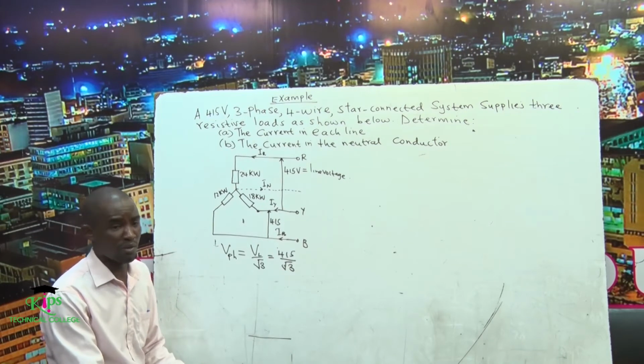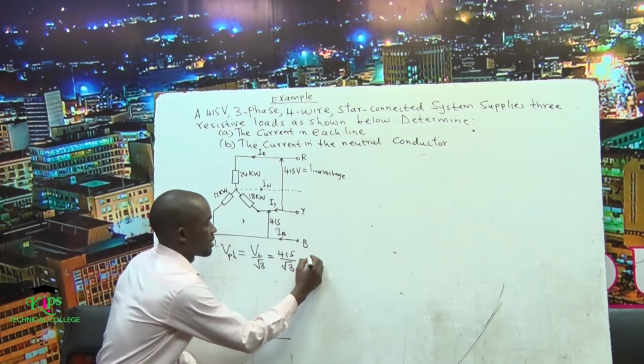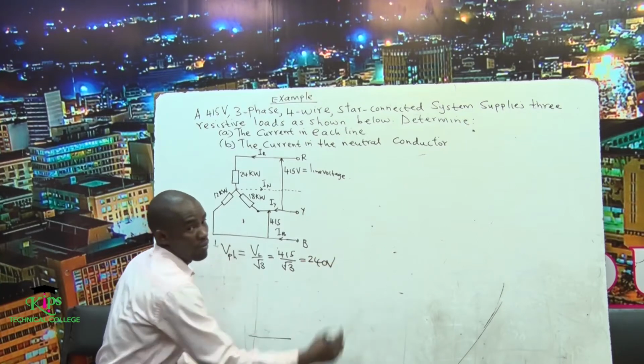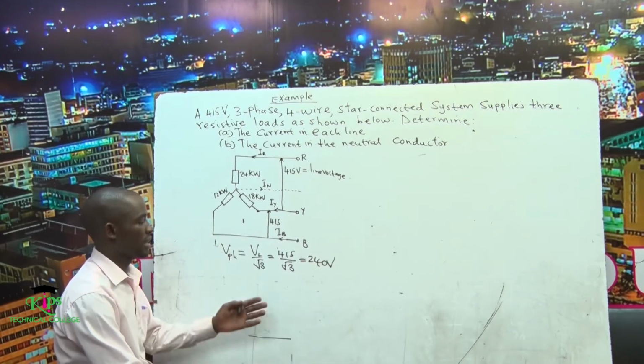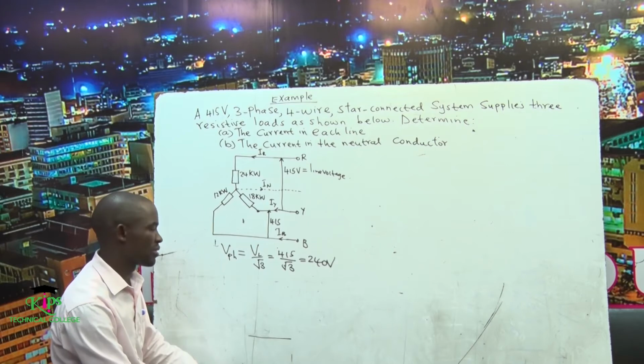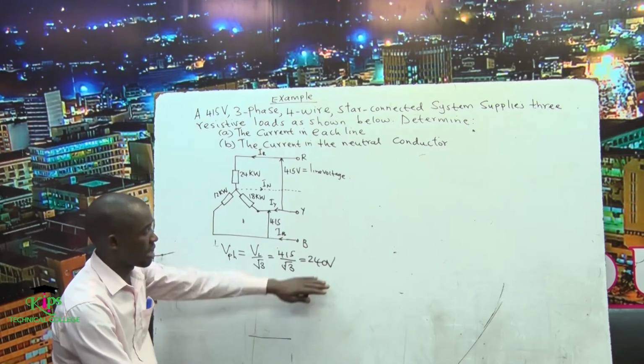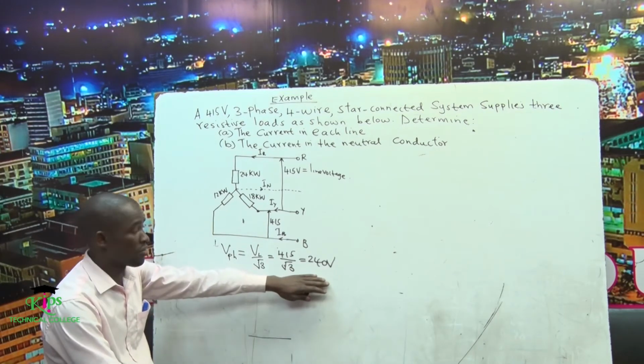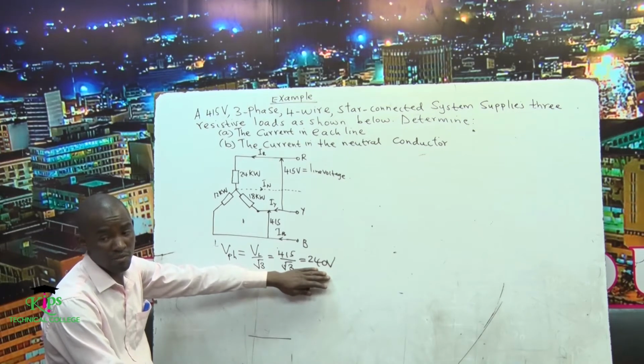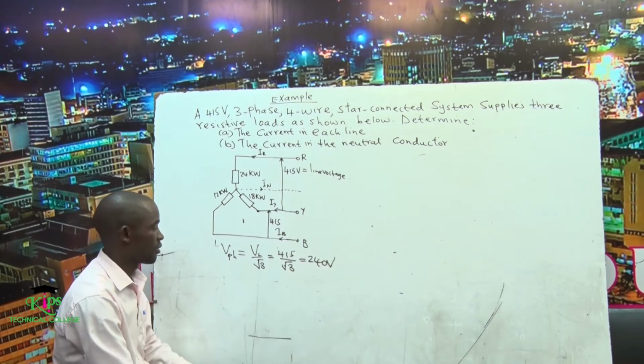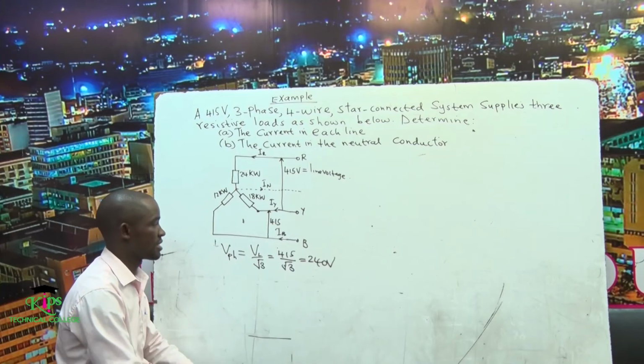If you divide by root 3, you will roughly get 240 volts. I know you will get something like 239.9, but if you round off, you get 240 volts.